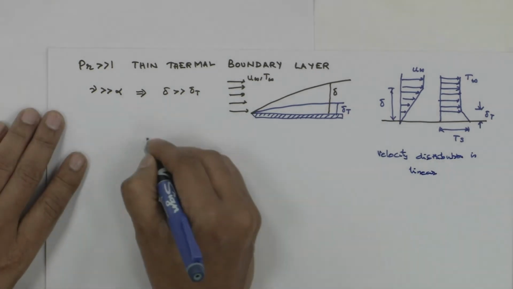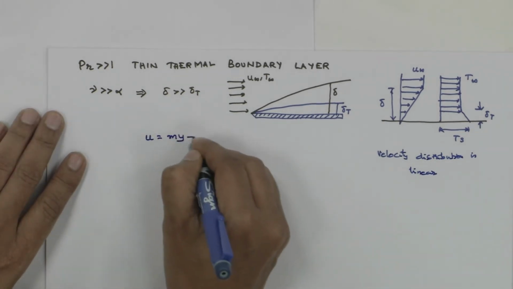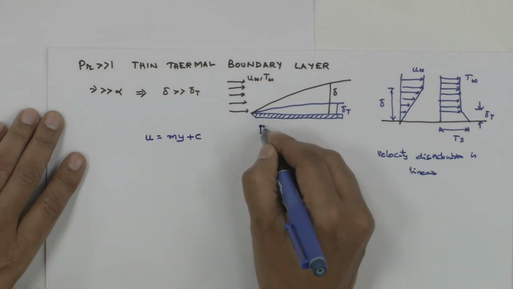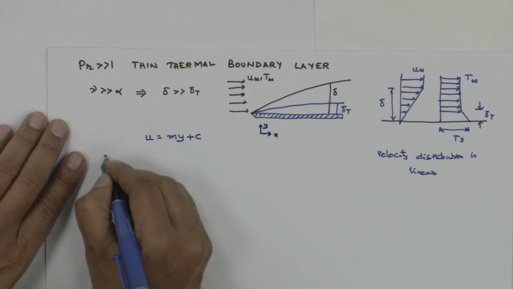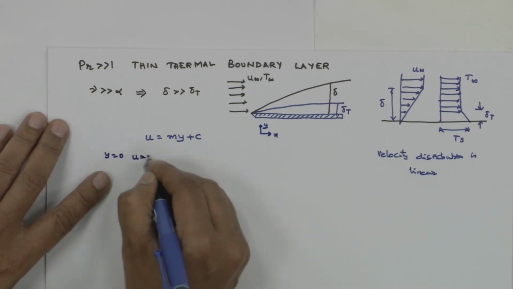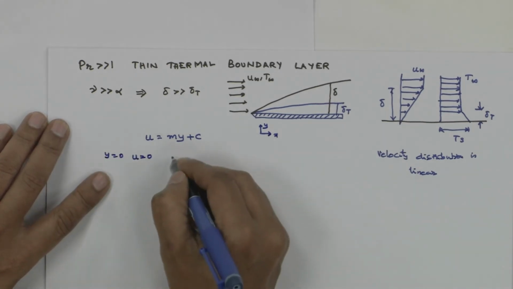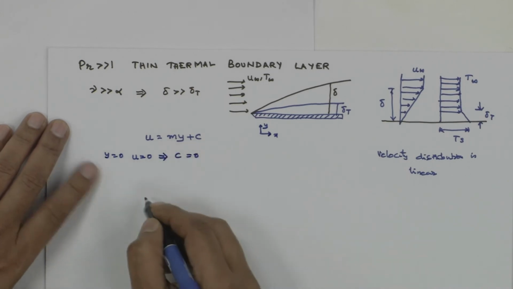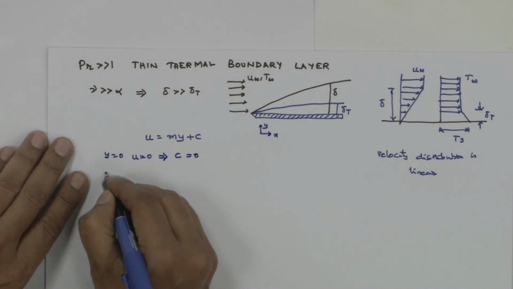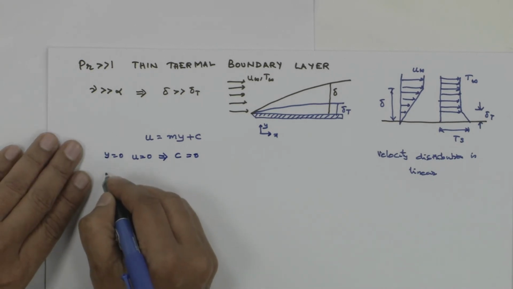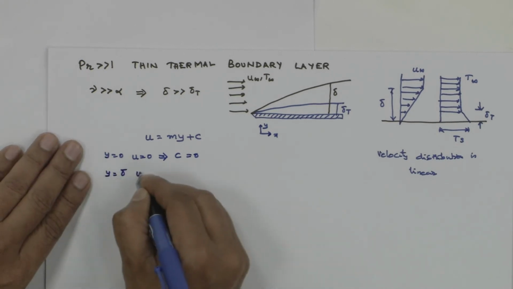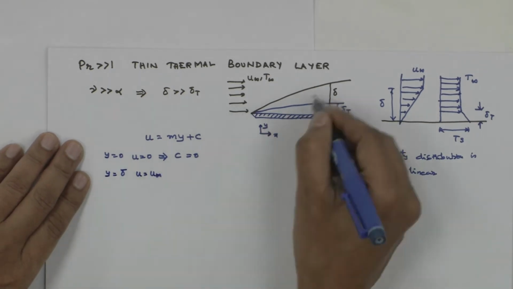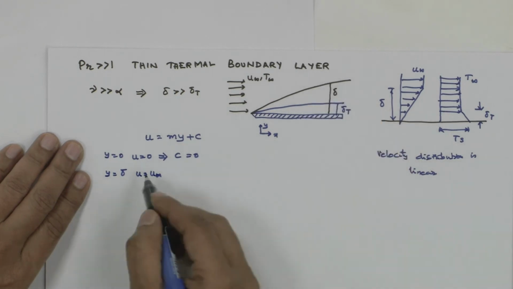That means u is equal to my plus c. This is x direction, this is y direction. So when y equal to 0, u equal to 0, that is no slip condition. So you have c equal to 0. Now when y is equal to delta, u is equal to u infinity. Correct? So outside the hydrodynamic boundary layer thickness, my velocity is u infinity.